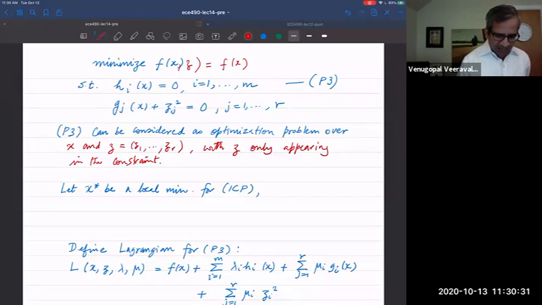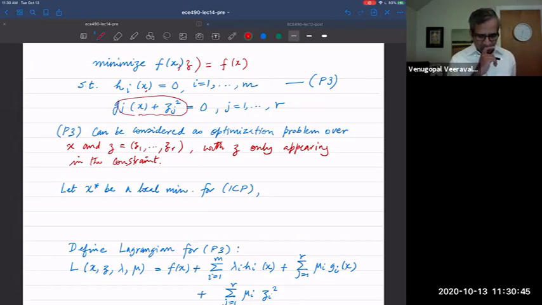Similarly, h of z and x can be thought of as a function of both variables, in which variation in the second variable doesn't matter. The z only appears in this constraint here, right? But it's still a valid optimization problem with equality constraints, over these two variables, x and z.